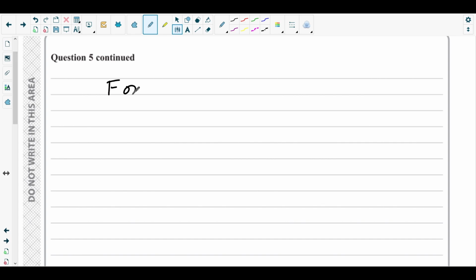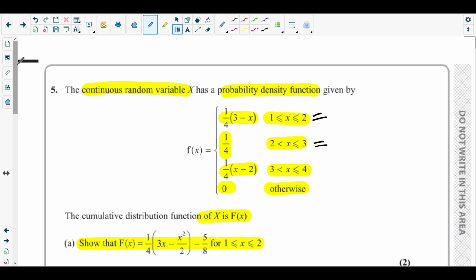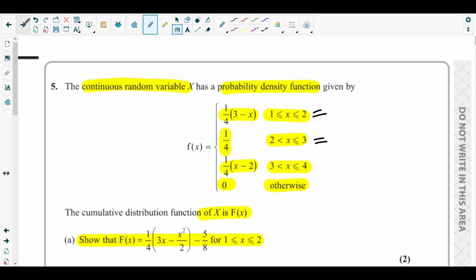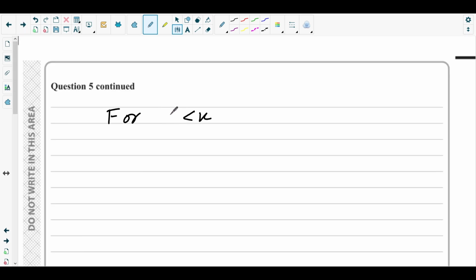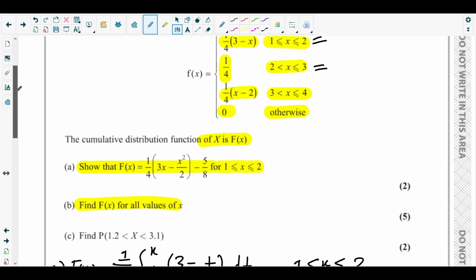Okay, next is for x greater than 3, less than or equal to 4. What we need to find out at first is f of 3.